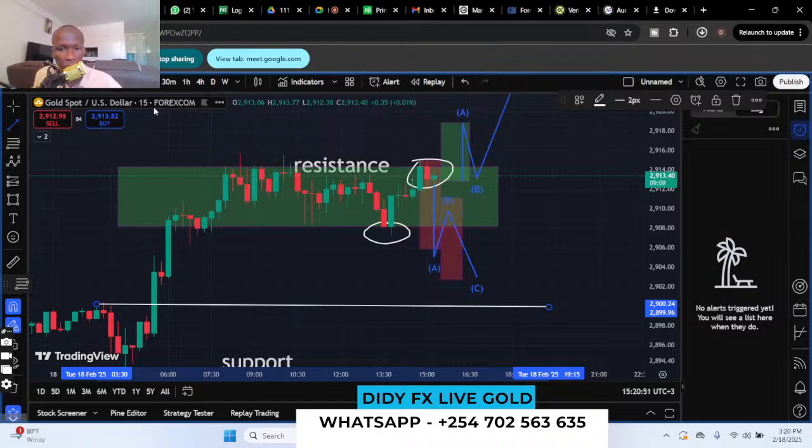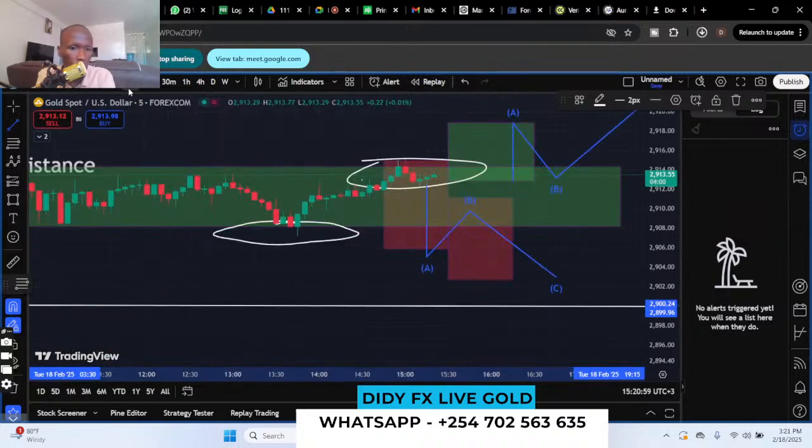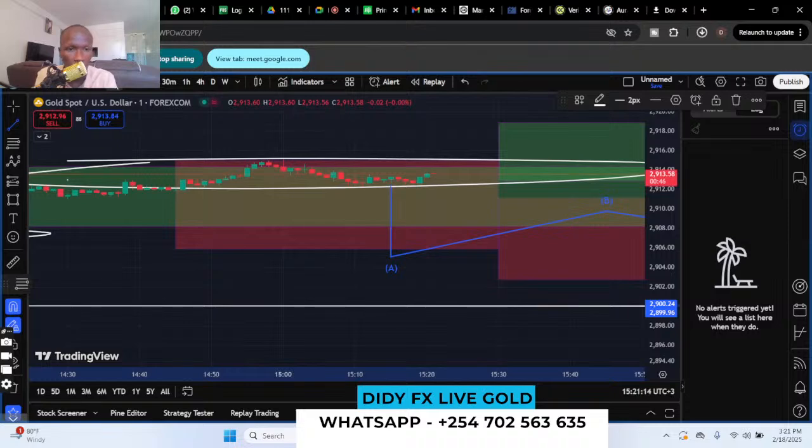So I'm in 15 minutes. If I'm not patient enough to wait for the market to give me an entry and I want to force my entries, I can go to a lower time frame like 5 minutes or 1 minute. There is always a movement in that lower time frame. As you can see, in 5 minutes there is no consolidation. If you go to 1 minute, you can also see the market is moving normally.